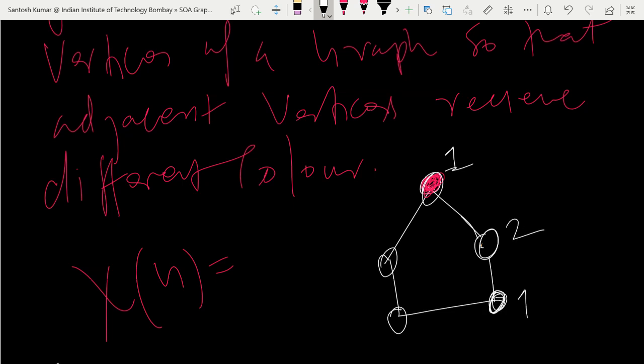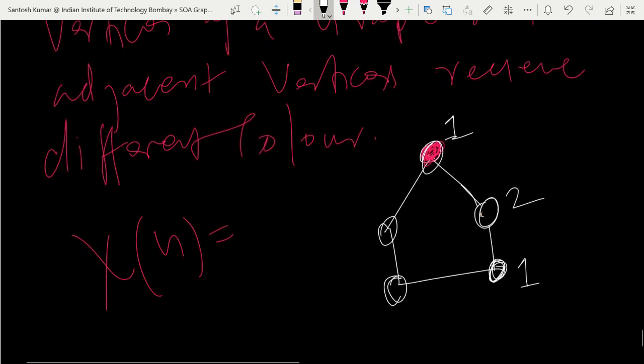Now you can take the first color here, no problem, because we want to minimize the number of colors. On the third vertex you cannot take one, so you can take two. Now here neither one you can take, because there is already an adjacent vertex with color one, and you cannot take two because you already have an adjacent vertex with color two.